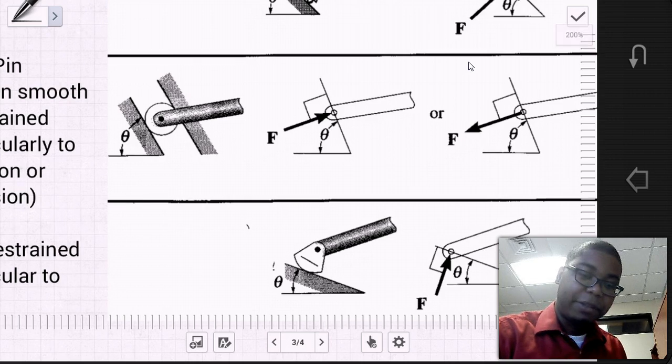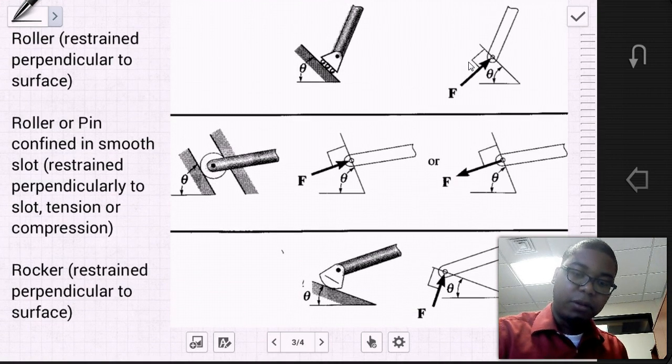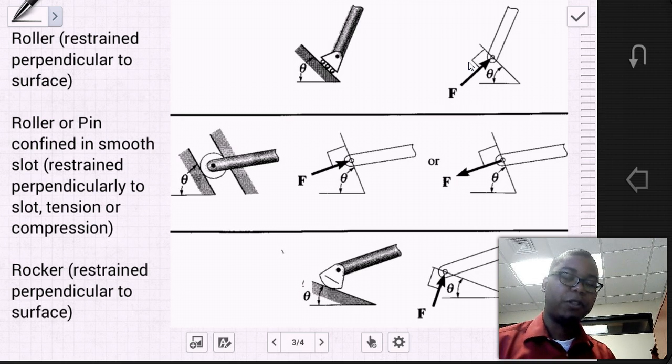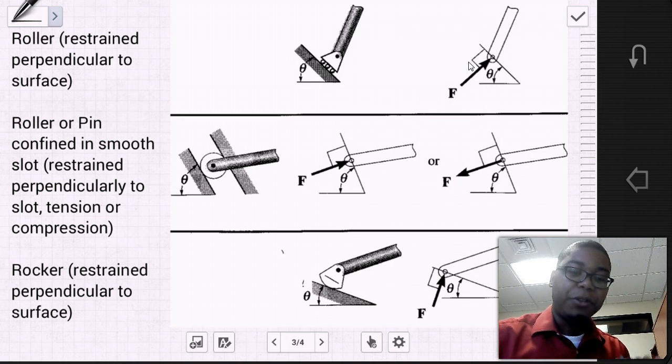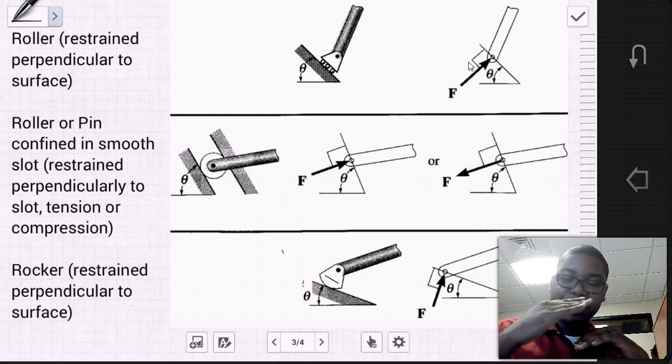Now let's look at the example of a roller or a pin confined in a smooth slot. In this example, there's a roller or pin, but there's a slot, a channel that it travels along.